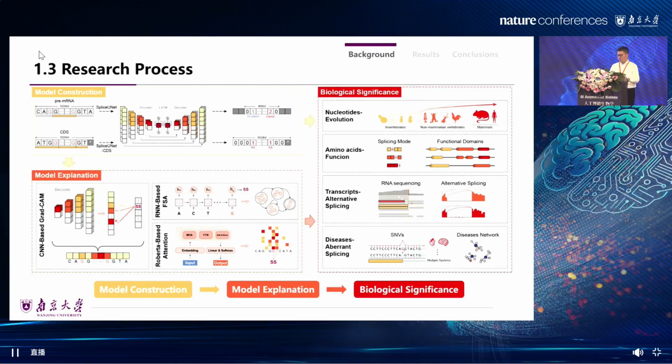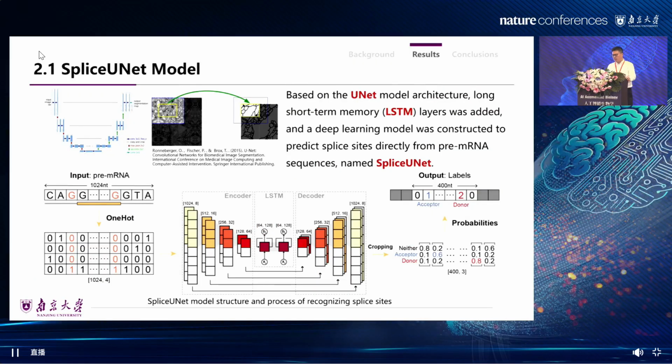Let's start with the model. First, we developed a deep learning model called SpliceUNet. Its architecture is based on the UNet framework, which is good at image segmentation tasks. We treat the pre-messenger RNA sequence as a one-dimensional signal to be segmented into introns and exons.